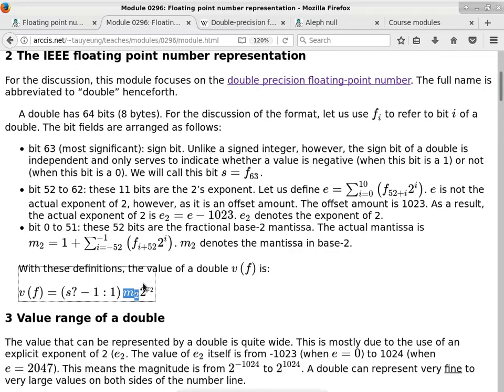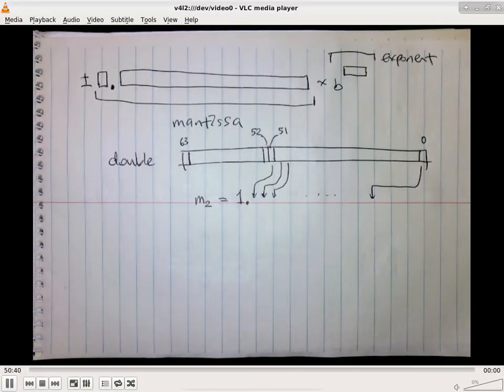Are we doing okay so far or not? Well, let's figure out how to represent some specific values, because that will help us understand what goes where. We'll switch back to the document camera and work on this step by step.